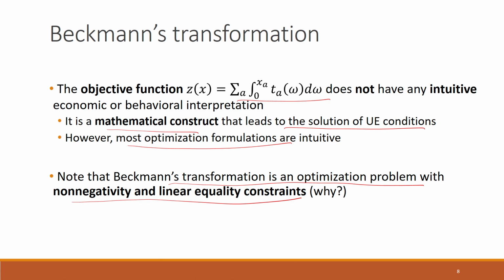And the last set of constraints, that is x_a equal to those summations f_k^rs times delta_ak^rs, this one is not directly clear why this is fitting into either the non-negativity or the linear equality constraints.